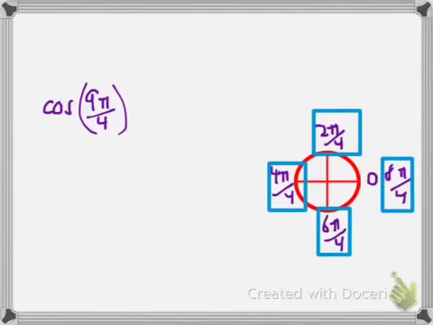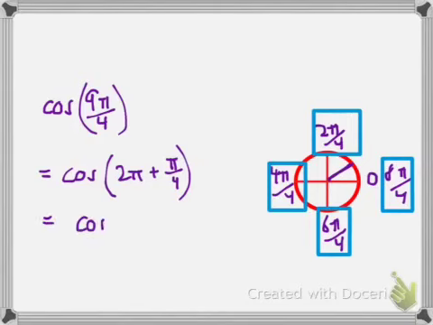In fact, we're going around another time. So this is the same as 8 pi on 4, or 2 pi plus another pi on 4. So we're going around a second time, so we're here. So effectively that's the same as cosine pi on 4, which is the same as root 2 on 2.